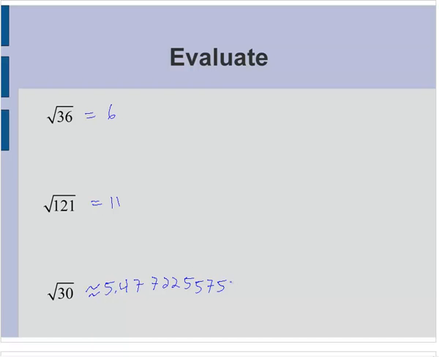This decimal number does not end, and it does not repeat. Now this can be shown using mathematics. I just need you to sort of believe me at this point that the square root of 30 has a decimal part that does not end and does not repeat.